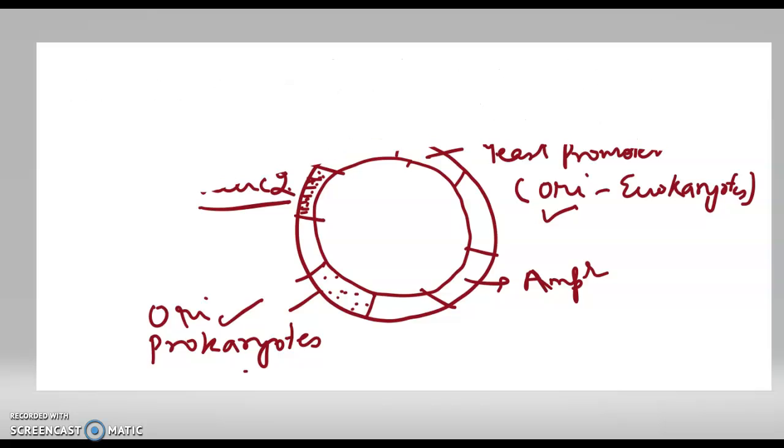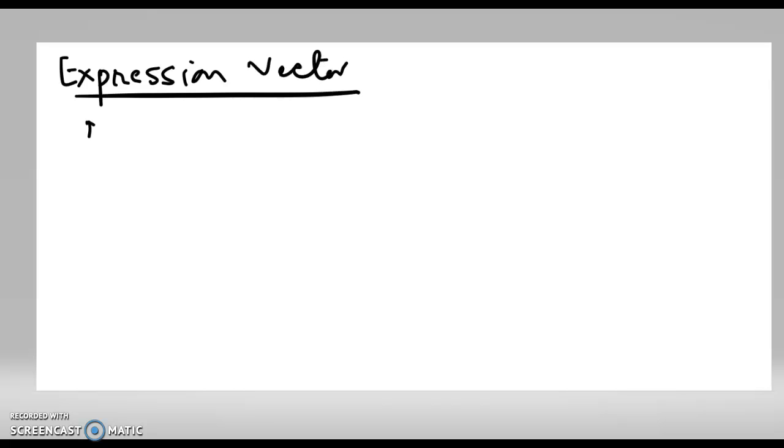Another one is the expression vector. Normally, as per the central dogma, we know that DNA is converted into mRNA by transcription. Many transcription factors are involved in that.